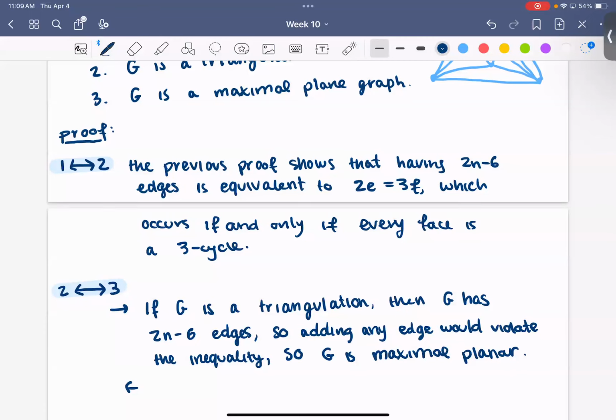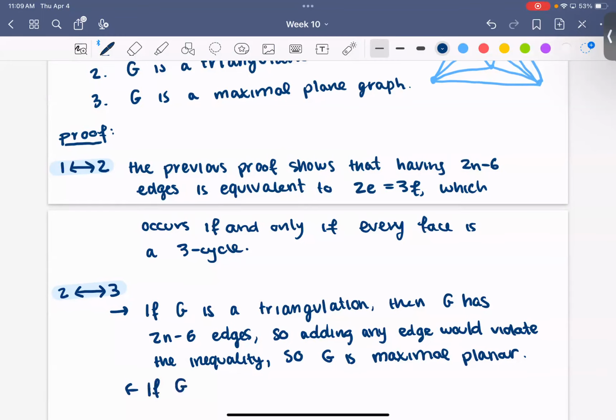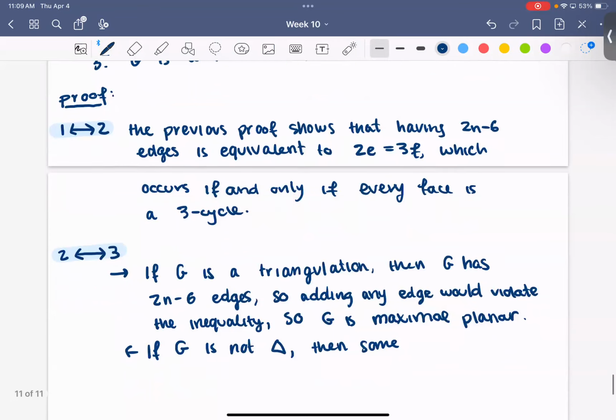Yeah, you can do this one by contrapositive. Suppose that G is not a triangulation, and there's a face with more than 3 edges. So take 2 non-adjacent vertices, and add an edge between them going through the face. Yeah. Okay, so we're doing this by contrapositive. If G is not a triangulation, then some face has more than 3 edges.